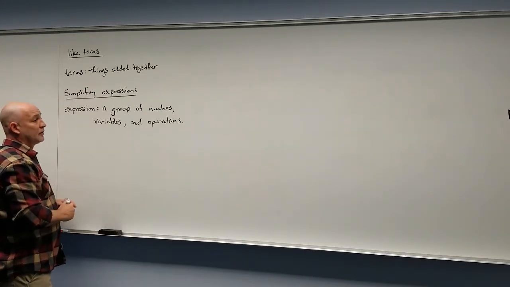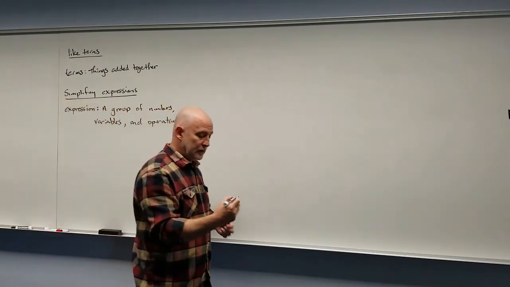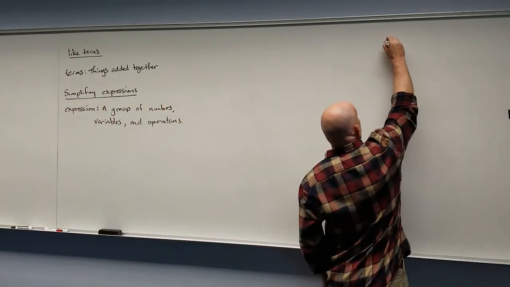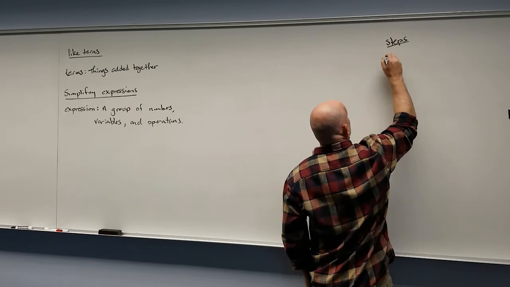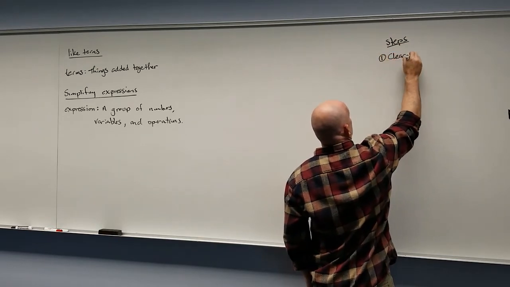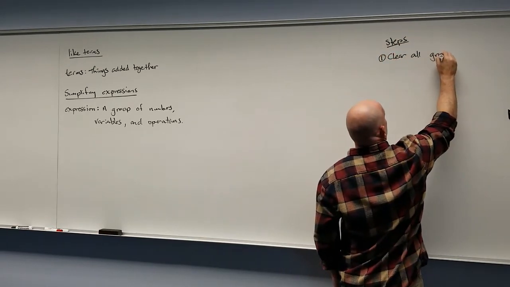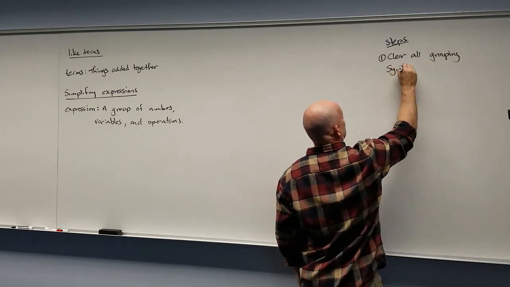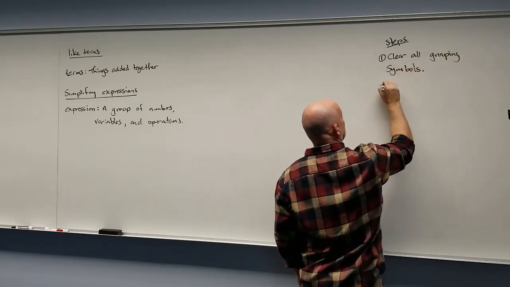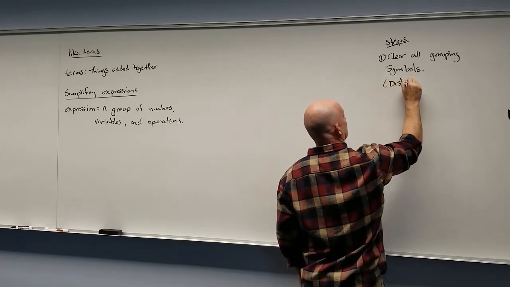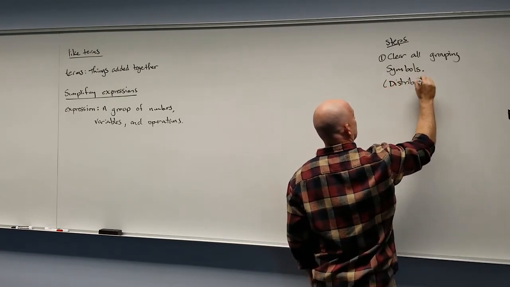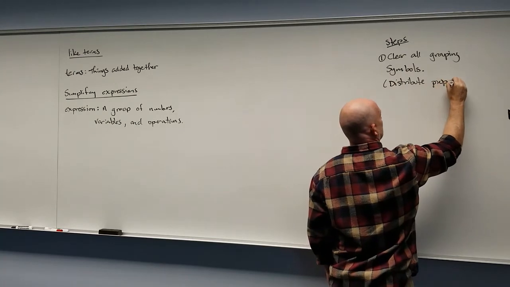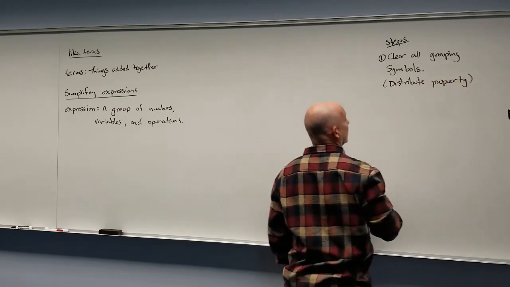So anytime we're going to simplify an expression, you're going to follow these 2 basic steps. Step 1, clear all grouping symbols. Now the way you do this is use the distributive property. We'll take a look at how that works in a second.